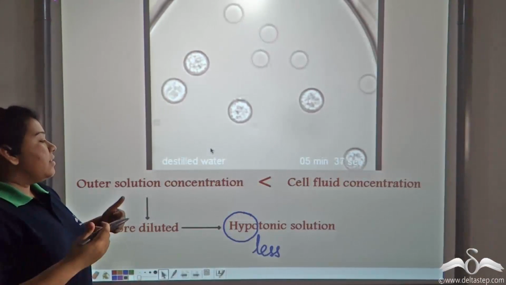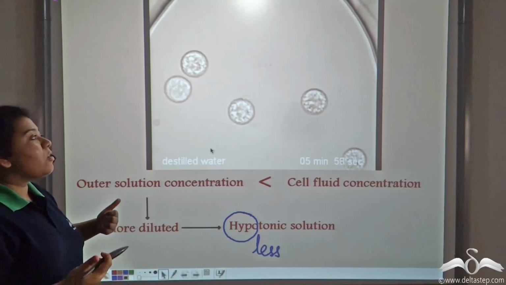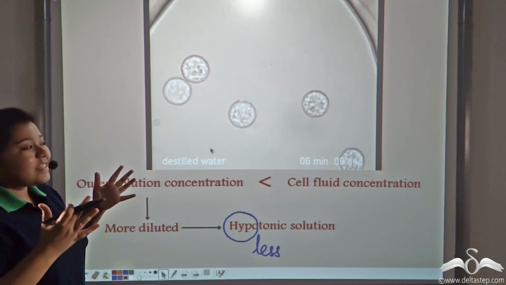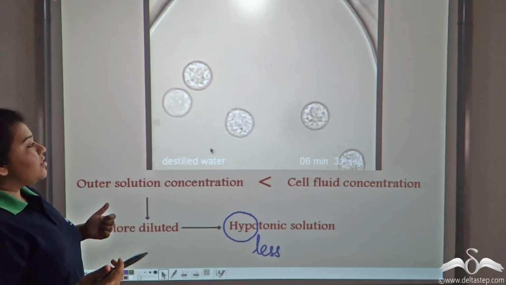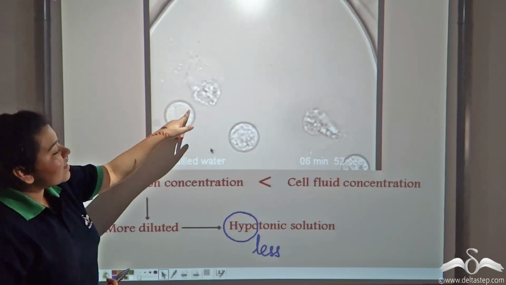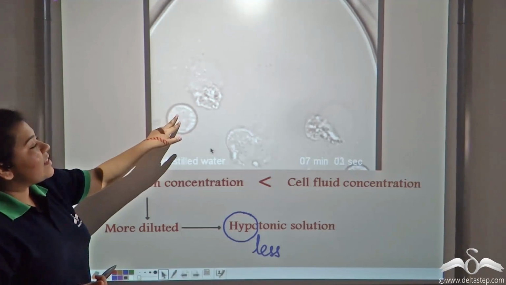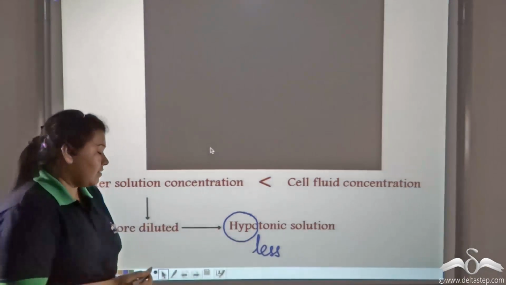See, the outer solution has a greater water concentration, that is, it is more dilute. So water travels from outside to inside the cell, and that is how the cells burst.